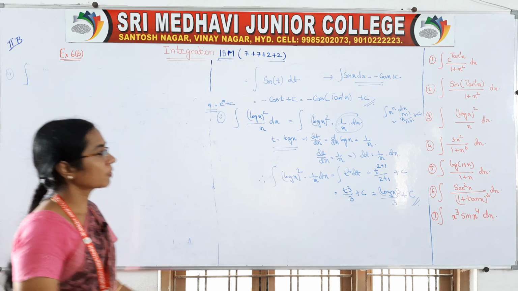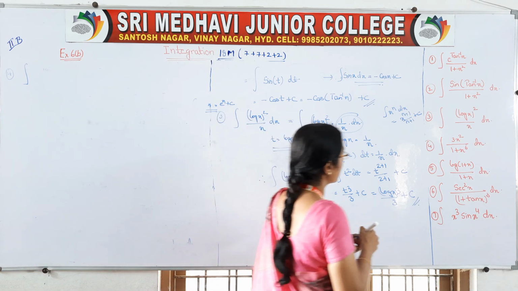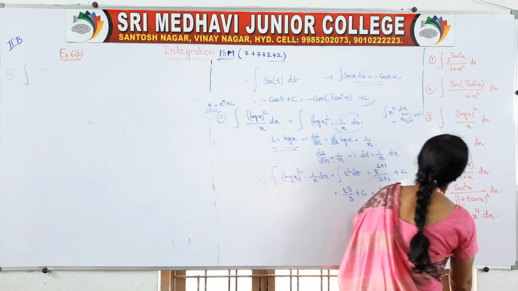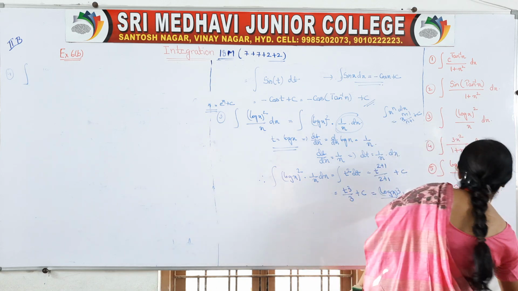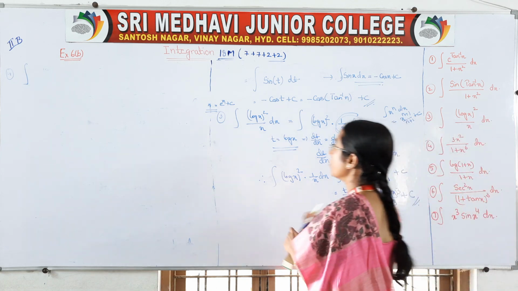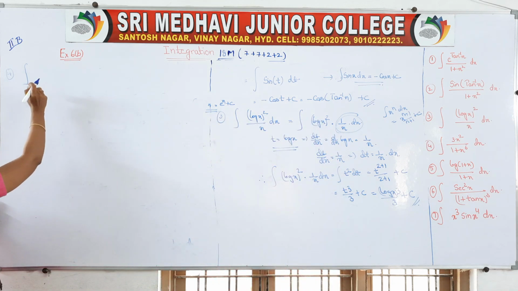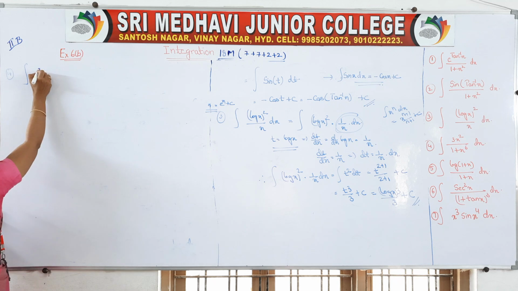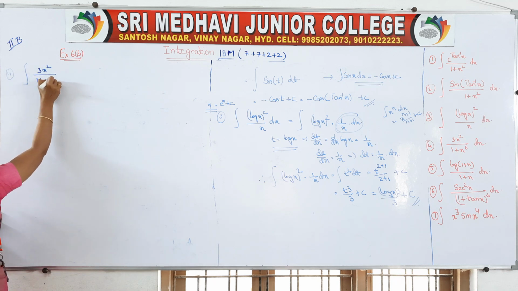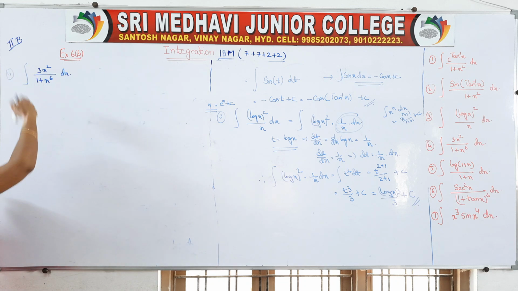Integral of 3x square divided by 1 plus x to the power of 6 dx. So it is integral 3x square by 1 plus x to the power of 6 dx.